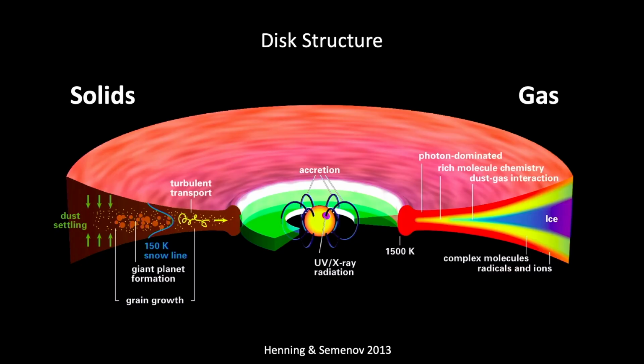So depending on where you are, you may have ices, molecules that freeze out and become ice, like water ice. You have other molecules forming in the middle region here, and at the disk surface you can have temperatures that even destroy molecules.